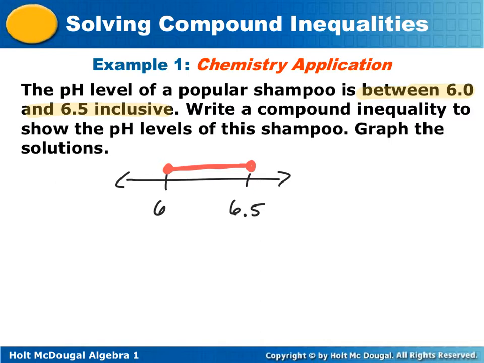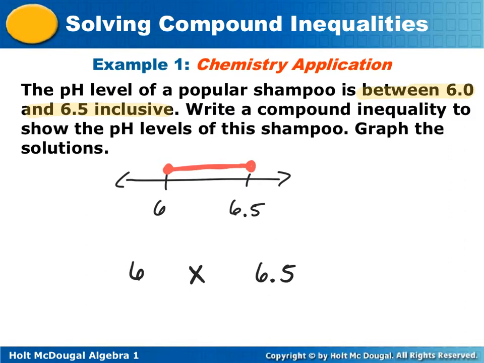Okay? Now, if you were to write that as an actual inequality, you know you're going to have 6 on one end, you're going to have 6.5 on the other end. Right? Now, what's got to go in between them because it's an inequality? An x. Now, we already talked about it when the two things connect. That's an and, so you can write it as 1.